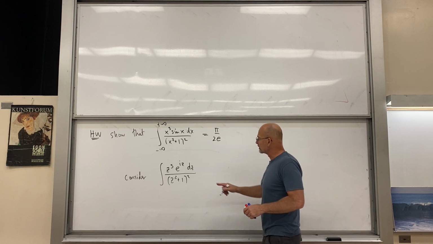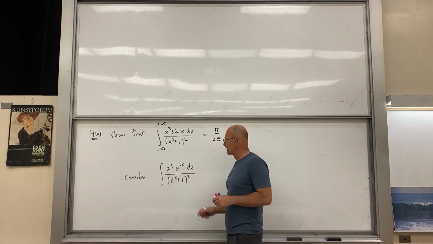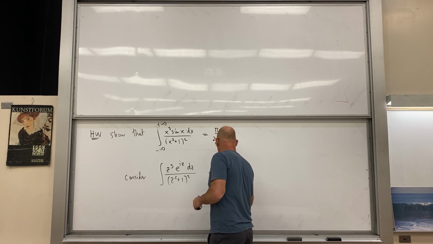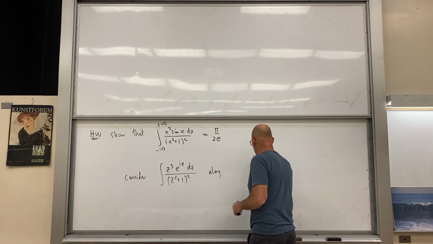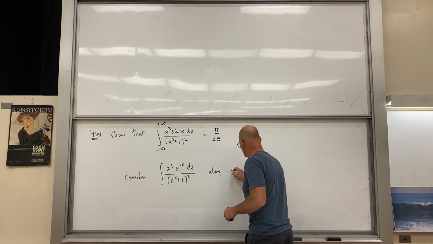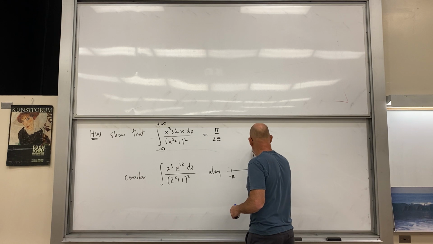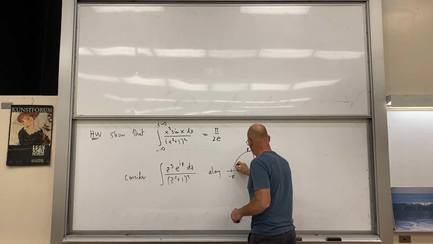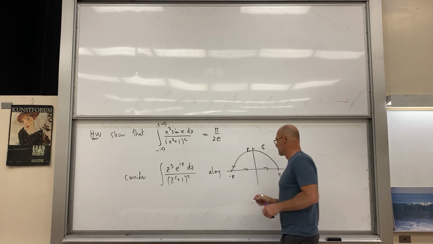And we're going to consider it along the ordinary path that we usually take, along r minus r here, in the complex plane, along this one, okay?